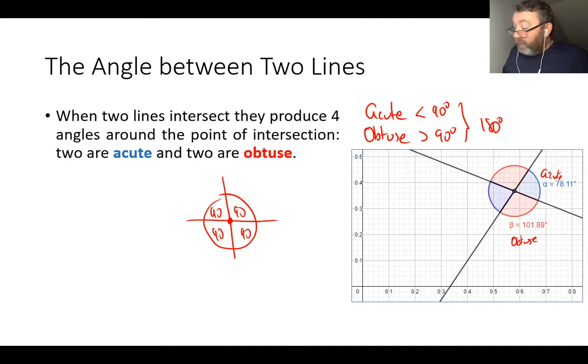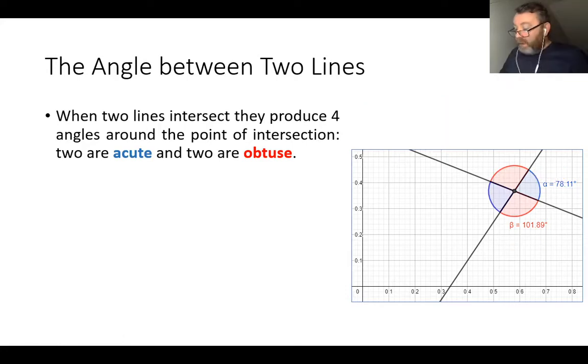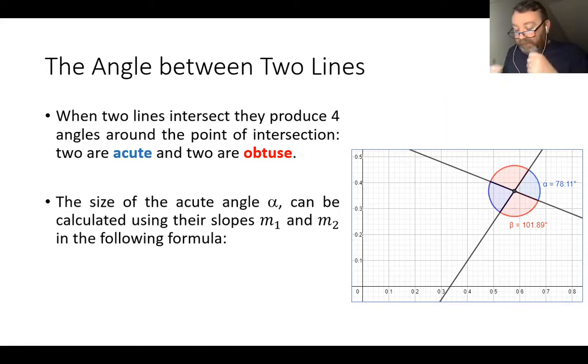But for the moment, all I want you to remember is the acute angle is the one that's going to take our attention, the one formed by the intersection of two lines that is less than 90 degrees. So, as it says here, if the size of the acute angle alpha can be calculated, then we need a formula. If we're able to calculate this angle and we know what the slopes of the two lines are, then there's a formula needed.